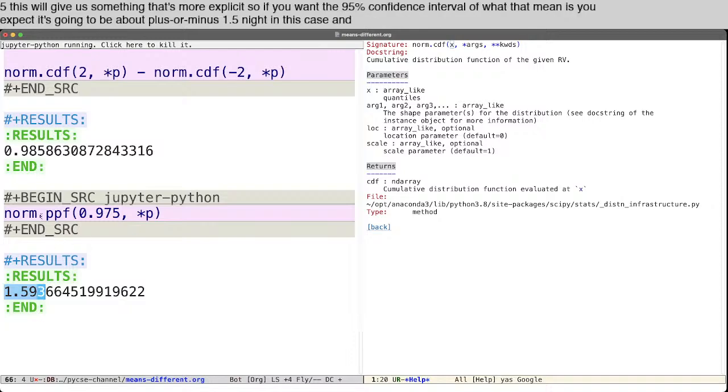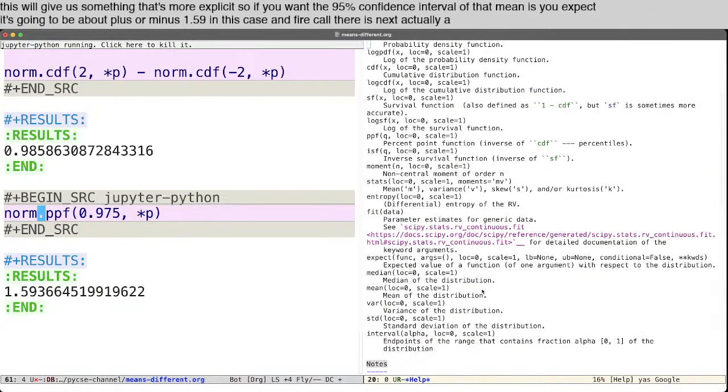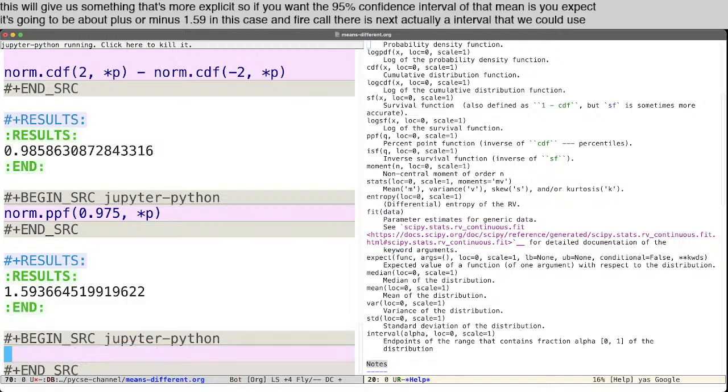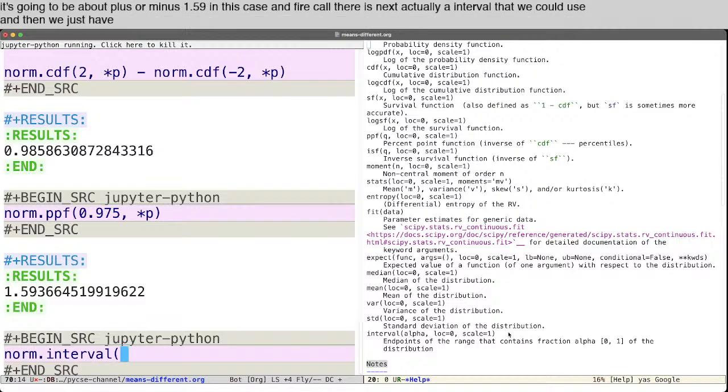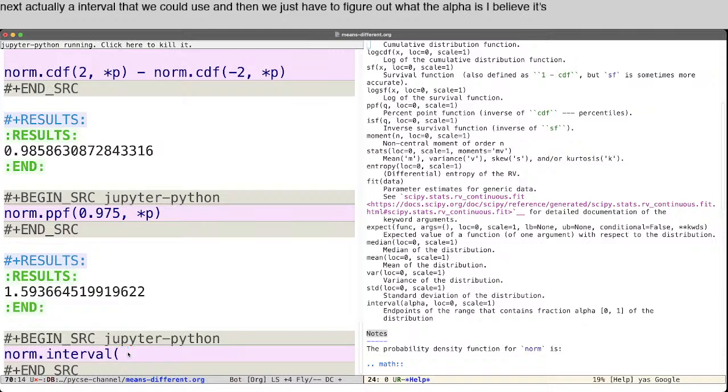And if I recall, there is actually an interval function that we could use. And then we just have to figure out what the alpha is. I believe it's, let's try 0.95 star p.